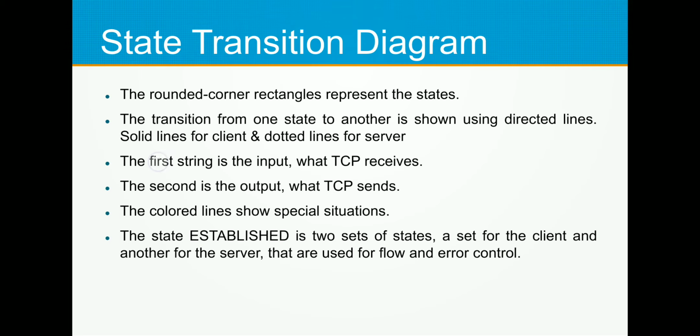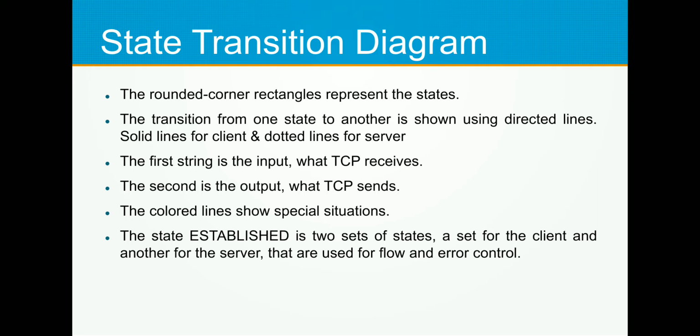So this is the notation with regard to the state transition diagram. Rounded corner rectangles are the states. Directed lines are used to show transitions. Solid lines are shown for clients and dotted lines for servers. On these lines, the first string is the input and second is the output, and the colored transitions show special situations.